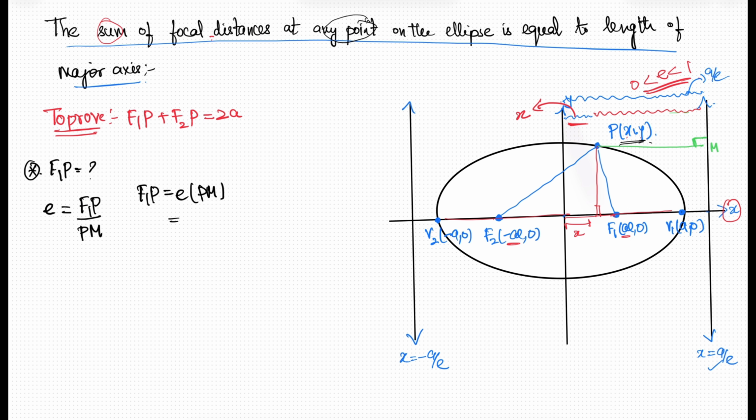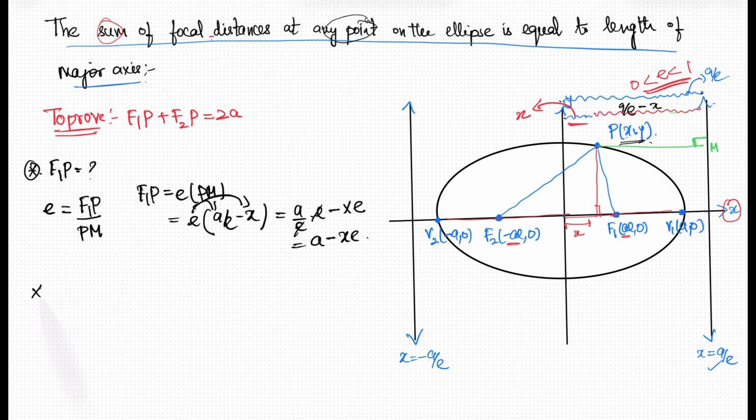From here to here the distance is a by e, from here to here the distance is x. So this particular distance would be a by e minus x. So e times PM, which is a by e minus x. Multiplying e inside, a by e into e minus xe, the answer would be a minus xe.